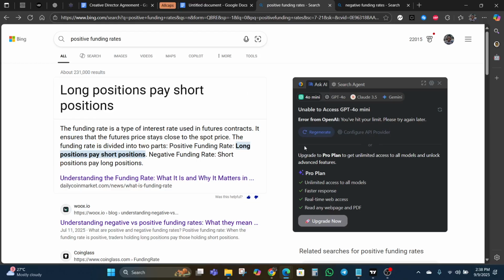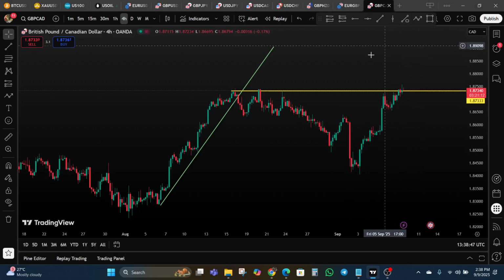After getting your data accurately, you can come back to your charts and do your technical analysis accordingly. You do your fundamental analysis, and you come back to do your technical analysis.